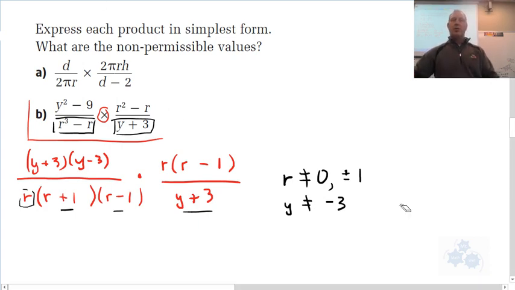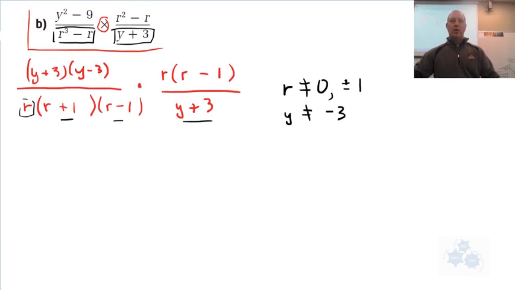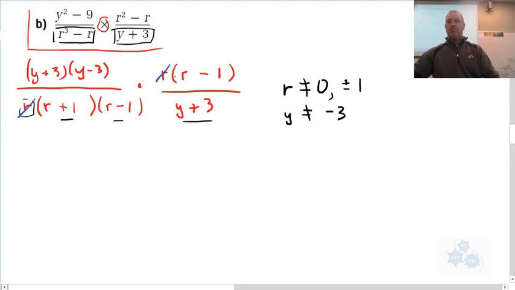All right, so now let's divide out any common factors that we might have. So I'm looking over here and I'm seeing an r here and an r there. Top, bottom. Those are gone. I'm seeing an r minus 1 with an r minus 1. That's gone. I'm seeing a y plus 3 and a y plus 3. Anyone else seeing that?